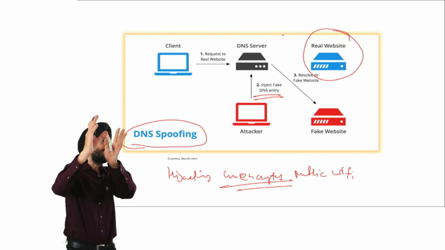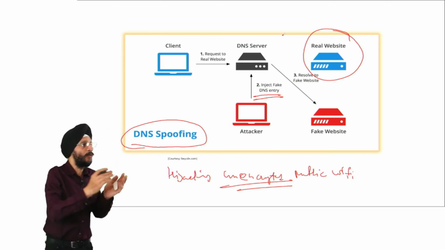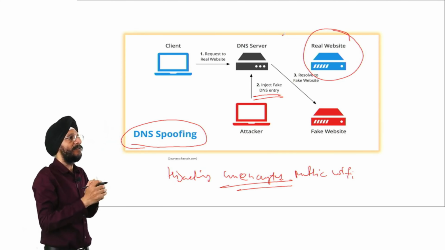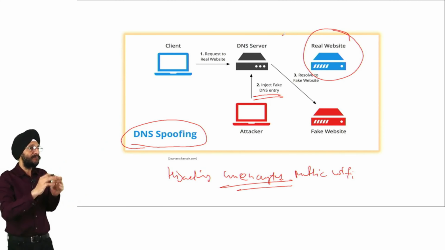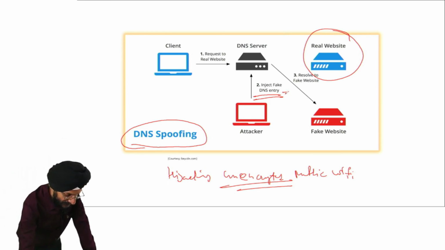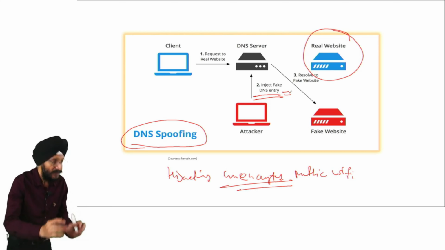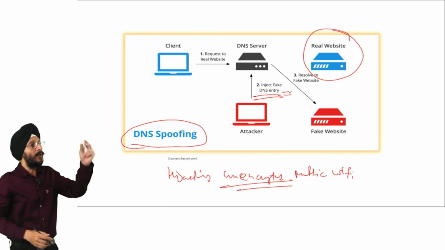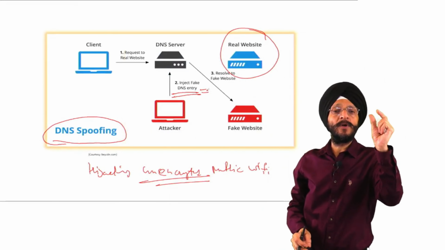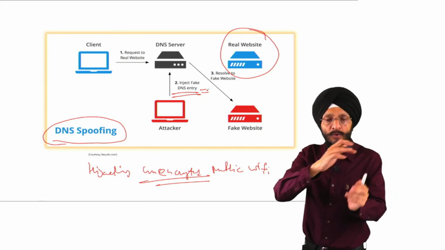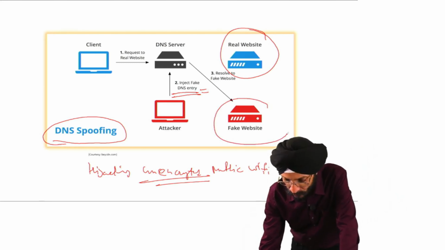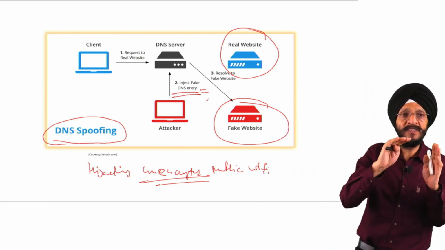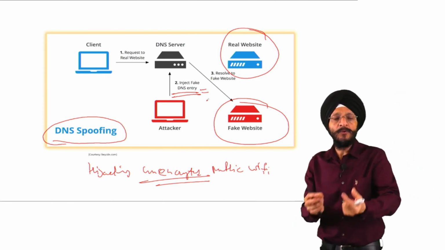You are trying to open the website of ABC Bank, and when you make request to the DNS server for accessing the real website, the hacker has already injected fake DNS entry. That is, the DNS server is controlled by the hacker, and though you are using the correct IP address, you are mentioning the correct name of the bank, all your requests will take you to the fake website, and the purpose of this DNS spoofing is to steal your login credentials.